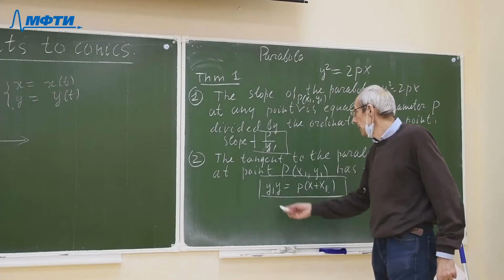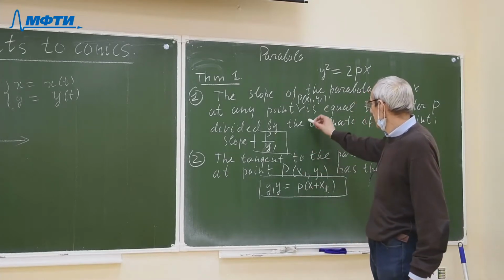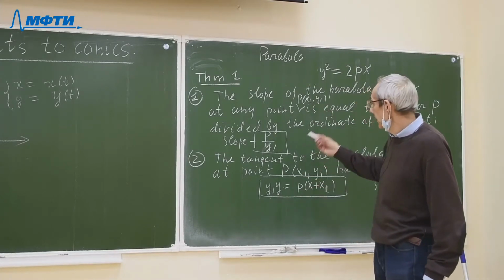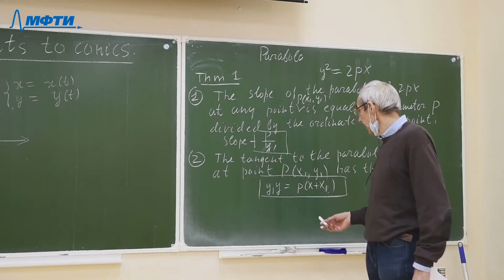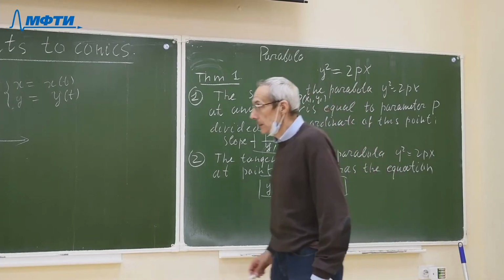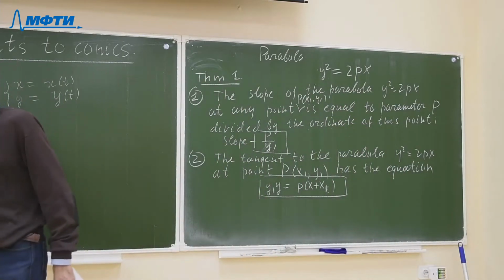Here x1, y1 are the coordinates of the point P. At this point we consider the tangent line to our parabola, and x and y are the variables.